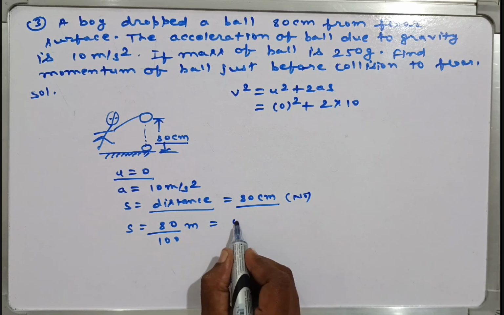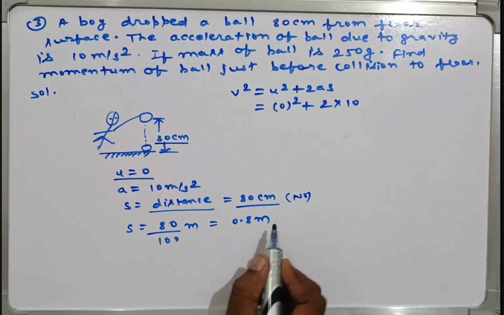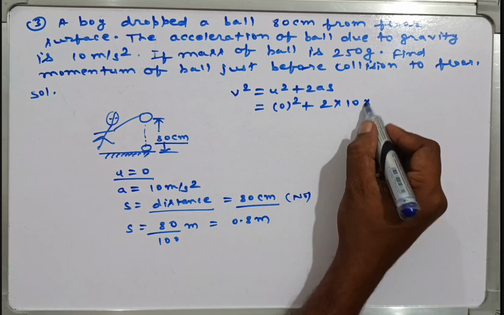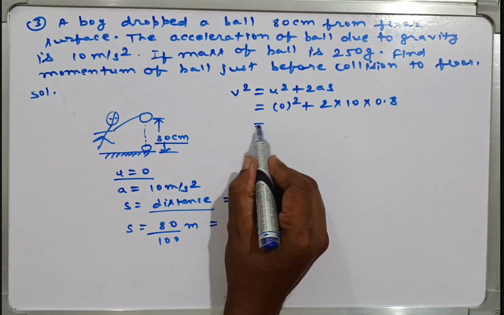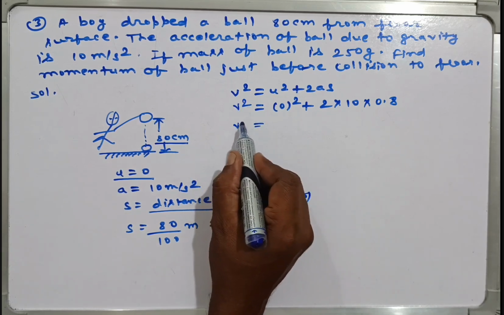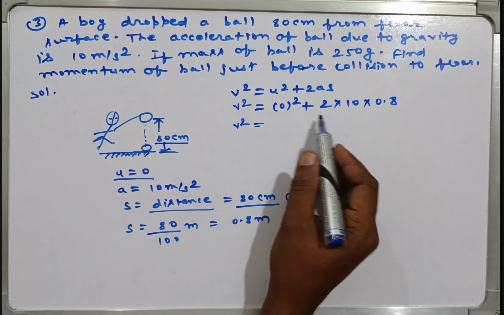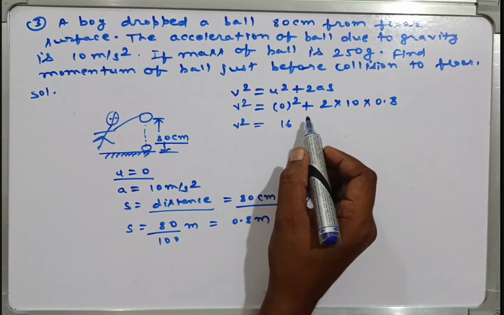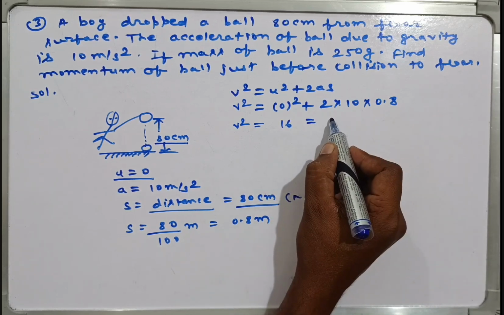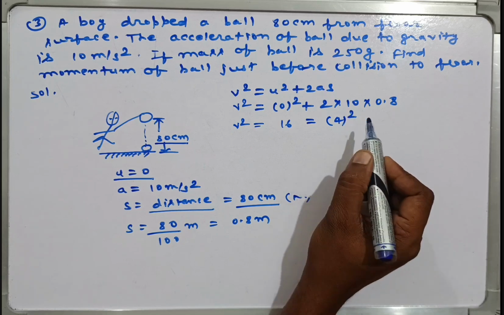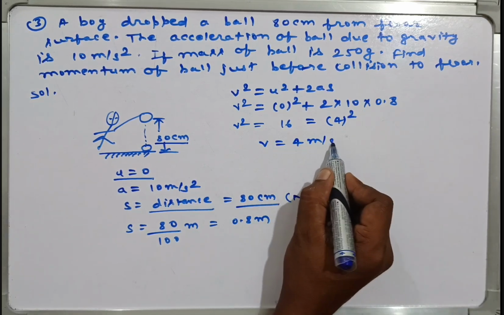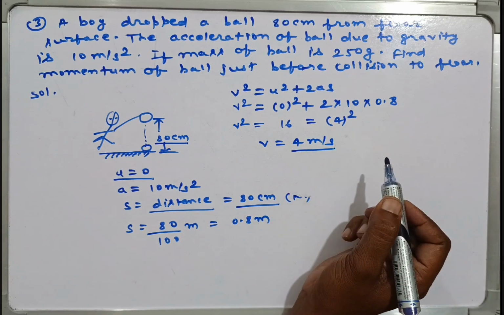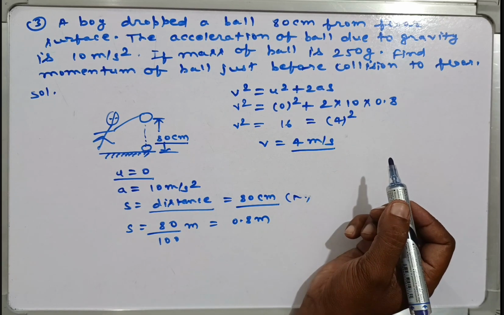So this becomes 0.8 meter. Now we put here 0.8. So v square equal to 16, or this becomes 4 whole square, or v equal to 4 meter per second.